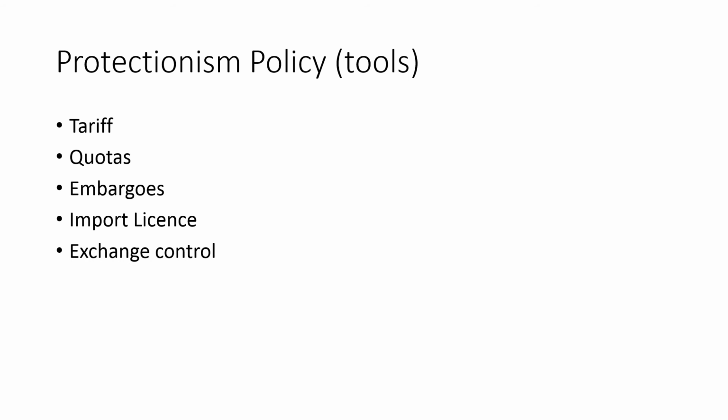Number 5, exchange control. Exchange control is a control on the amount of money allowed to be brought into and out of a country. For example, a domestic producer in Malaysia needs to purchase goods from the US in US dollars.